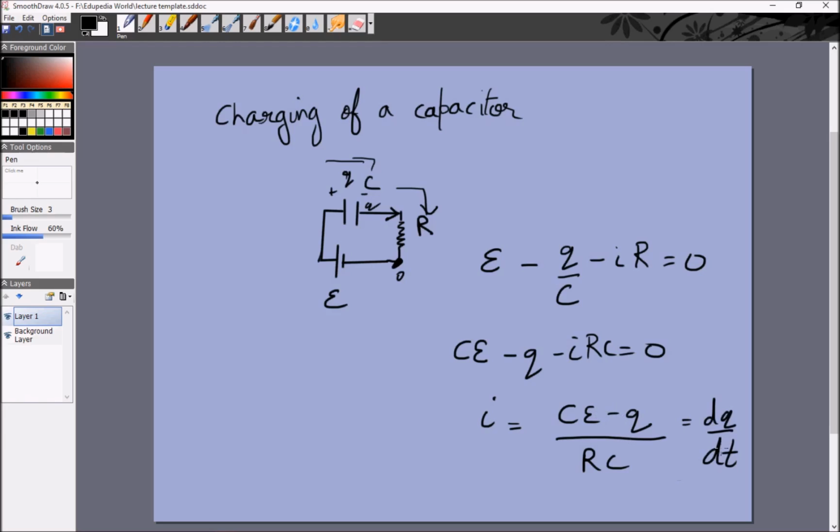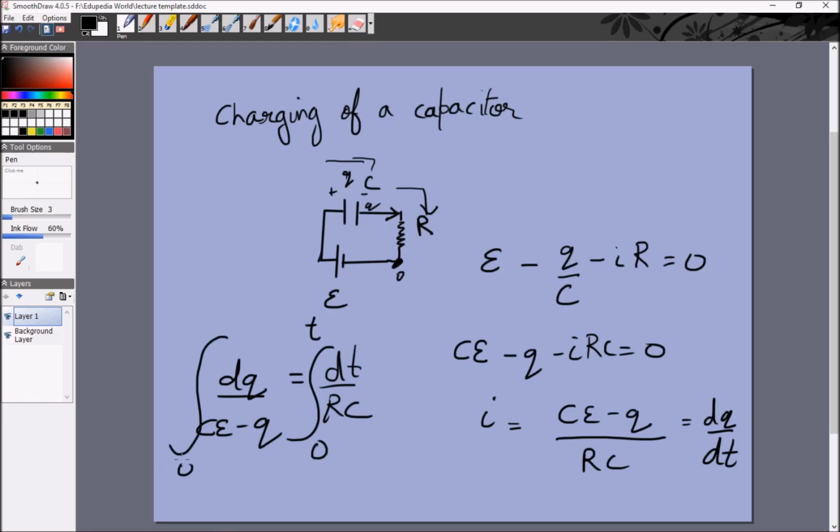CE minus Q we'll take to the right hand side, so what we'll get is dq by (CE minus Q) is equal to dt by RC. We'll integrate this. Initially time was 0, finally time was t. Initially the charge was 0, finally let's say the charge is Q. Now here's a minus sign, so first of all we'll get the minus, then the integral of 1 by Q will be log of Q, so we'll get ln.